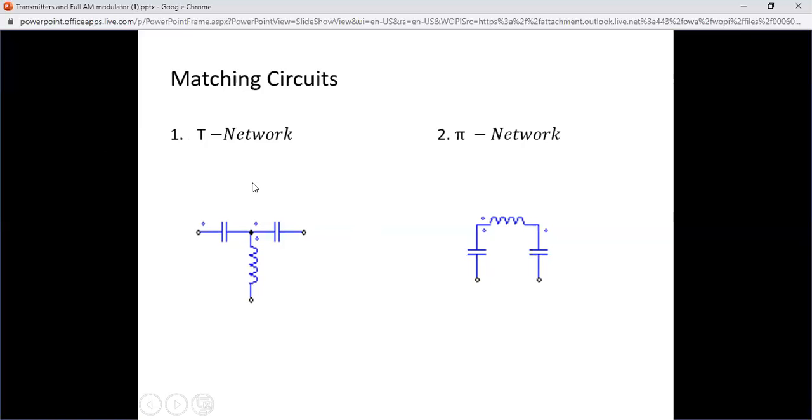The T network might not have reasonable values for the capacitors and the inductor, so we use the pi network. To calculate these parameters, which are L and C, Zn and Z out and the matching frequency should be used.